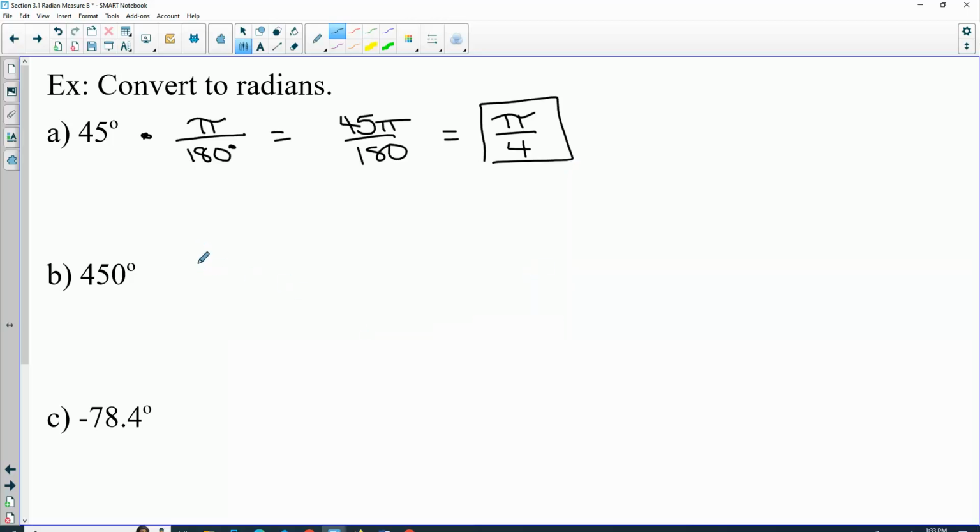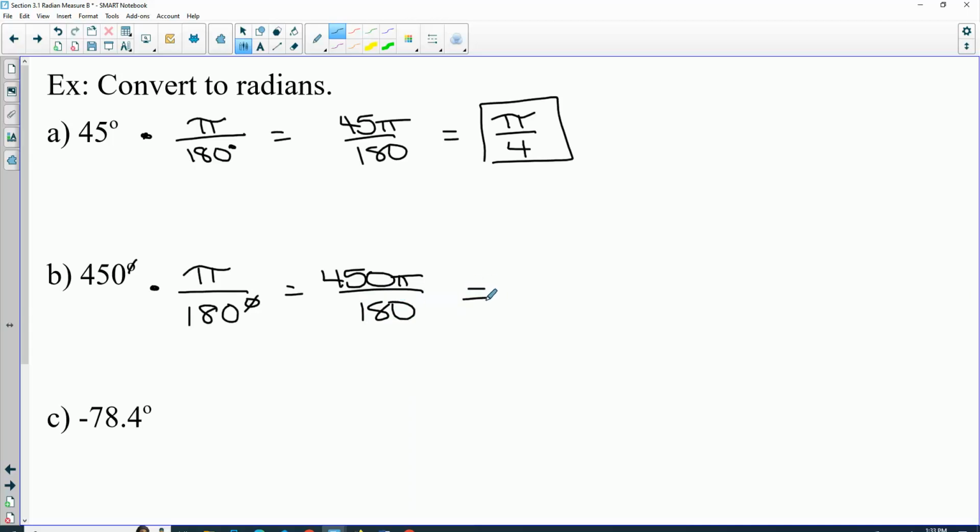If I want to convert 450 degrees into radians, again, if we want degrees to cancel, we just put them on the bottom. So we multiply by pi over 180 degrees, that cancels those degrees. So we just have 450 pi over 180.